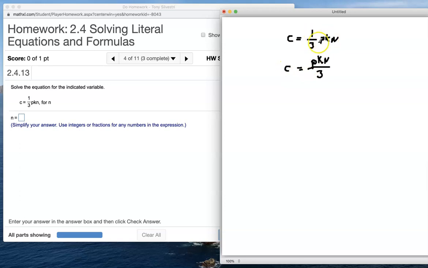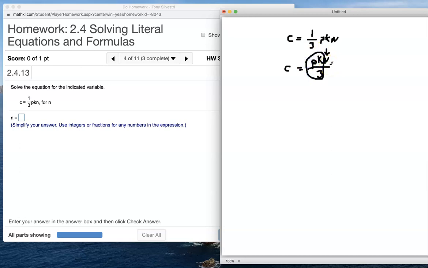Or just multiply the tops divided by 3, you get this. Well, what do we want to solve for? N. I'm going to point to that N so I don't lose it. I want an N equals. I can't have that. This is basically one fraction right over here.